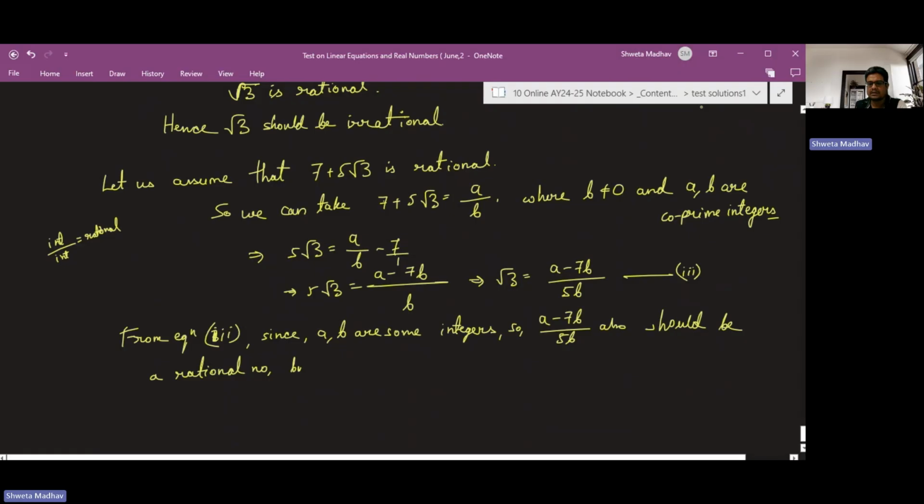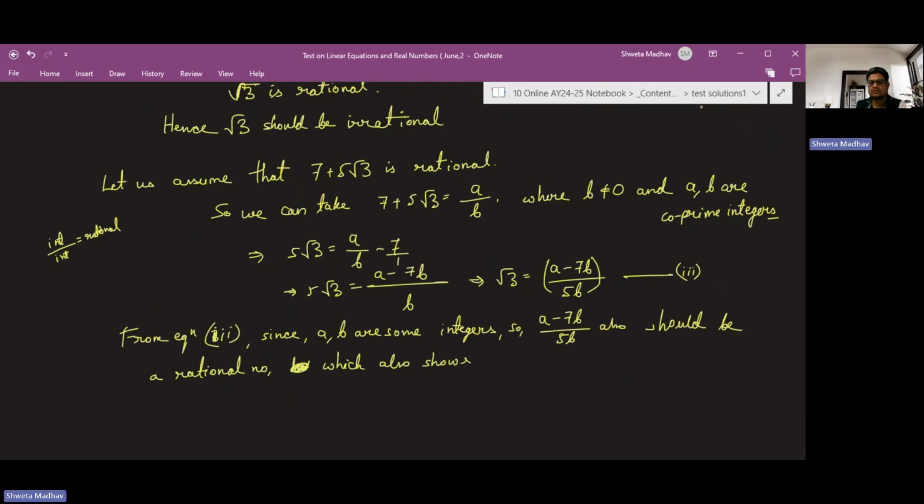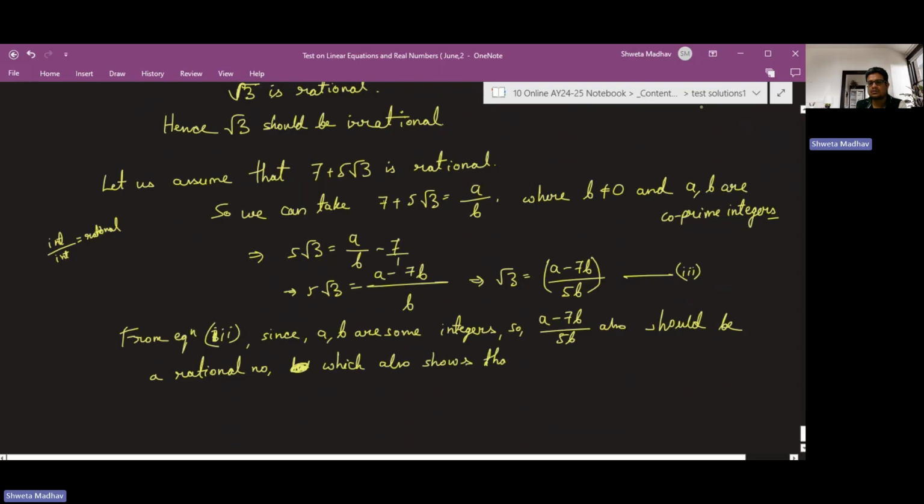So hence the right hand side is a rational number, which also shows that root 3 is rational.